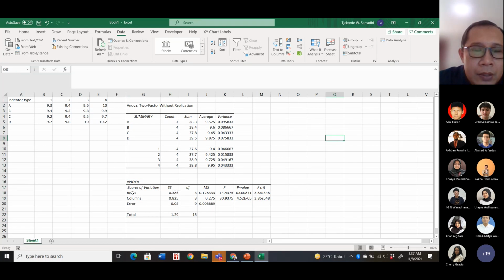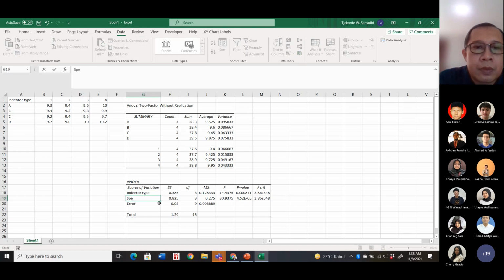Instead of calling it indenter type and block number, Excel just puts the result as rows and columns, the row variable and column variable. You can overtype it, of course. So for rows, we can change it to indenter type, and this one is coupon number or specimen number.